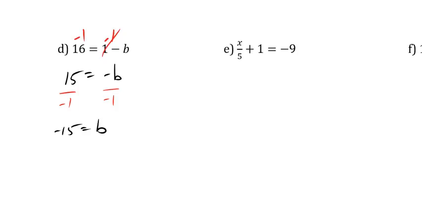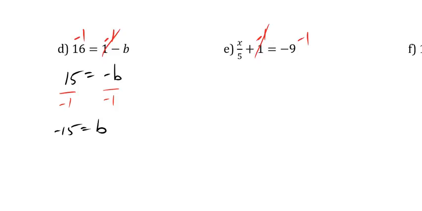Ashley, what did you do? How'd you do that? But what did you do to cancel it out? Okay, good. So if I subtract it here to cancel it, it becomes a -1 on the other side. That's what you mean, right? Very, very good. Okay, how many people did that?